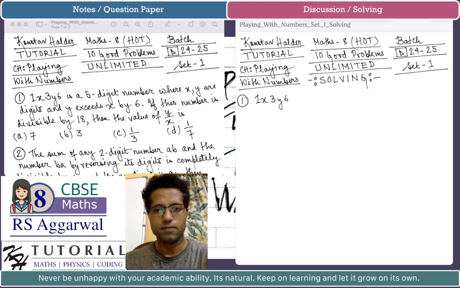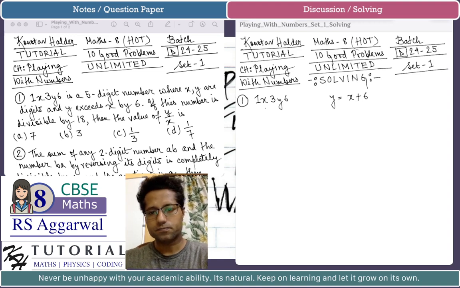This is a 5-digit number, and it is also given that y exceeds x by 6. So y is equal to x plus 6, where x and y are digits, that is, they have values from 0 to 9.